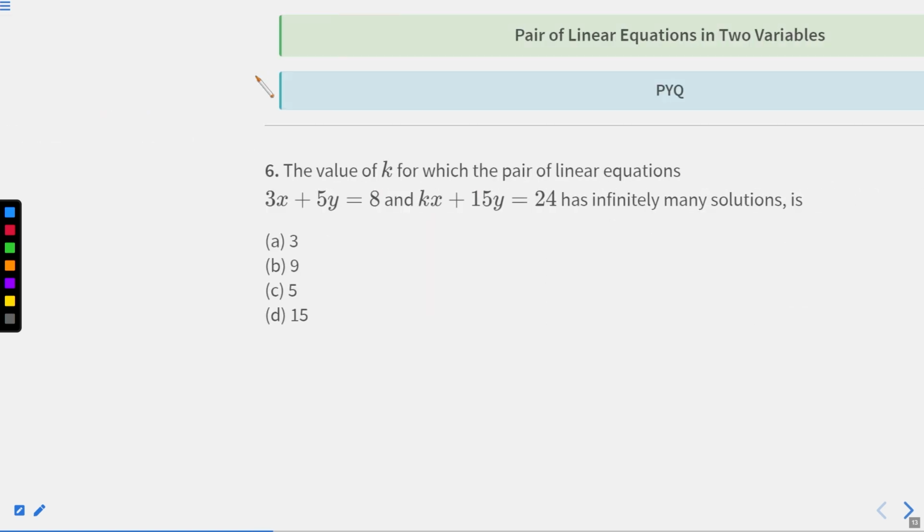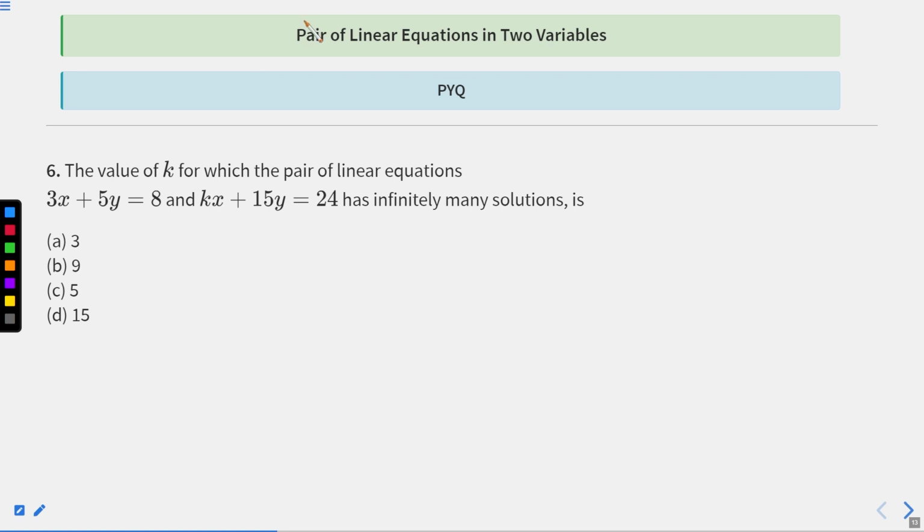Now let us move to question number 6. In question number 6, we need to find the value of k for which the pair of linear equations px plus 5y is equal to 8 and kx plus 15y is equal to 24 has infinitely many solutions.